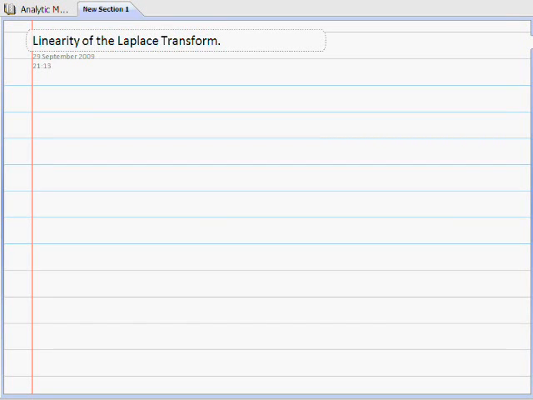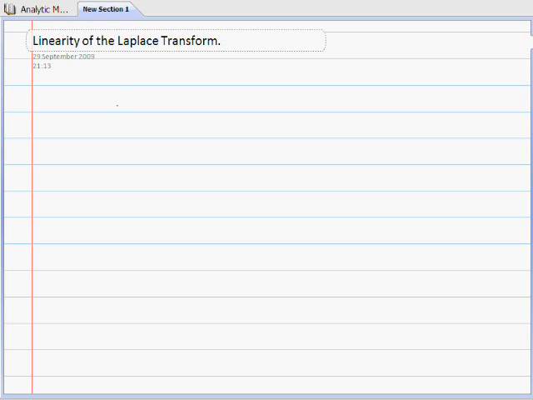The next property of the Laplace transform that we will prove now is called linearity. Basically it says that the Laplace transform of a linear combination of two functions is that same linear combination of the individual Laplace transforms.